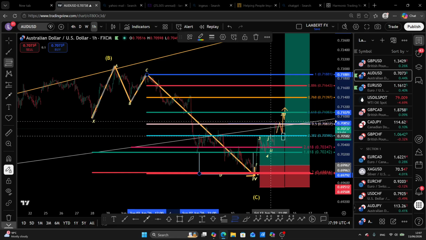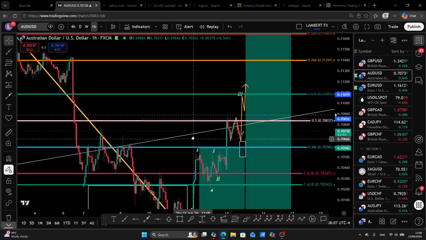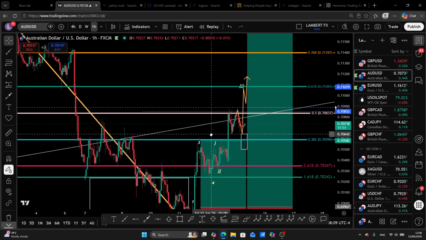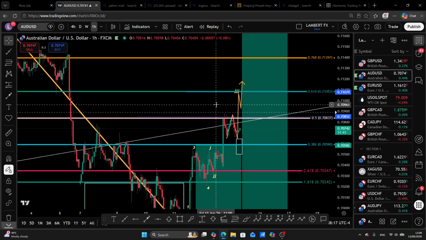The second TP, as you can see, we're rallying up, and we're not quite there yet. But my stop is at break even anyway. So we are right here now. I'm hoping for the market to push up to hit 71079, which is where the 0.618 second take profit is at.